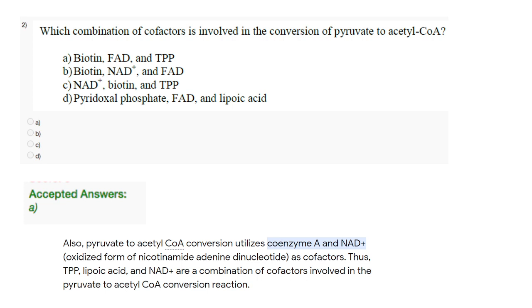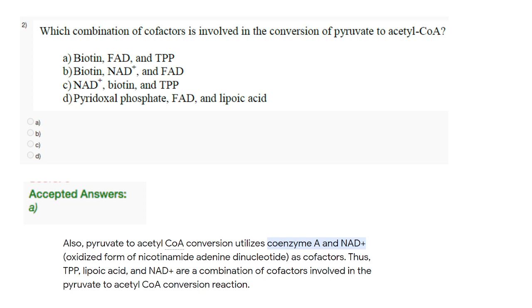Pyruvate to acetyl coenzyme A conversion utilizes coenzyme A and NAD plus, the oxidized form of nicotinamide adenine dinucleotide, as a cofactor. Thus TPP, lipoic acid and NAD plus are the combination of cofactors involved in the pyruvate to acetyl coenzyme A conversion.